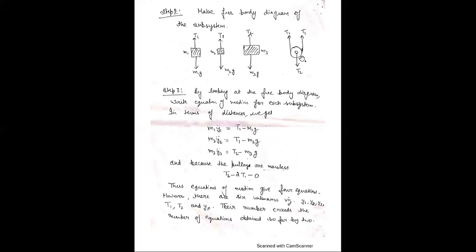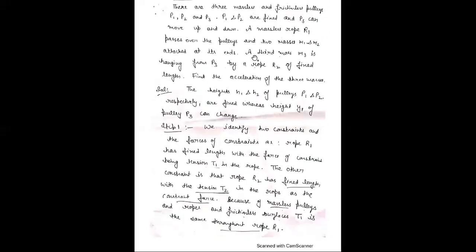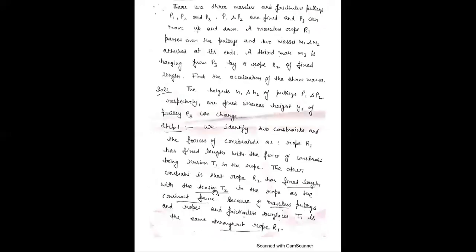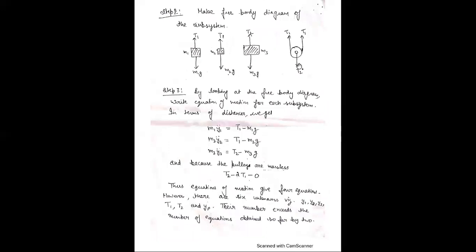And this is for the pulley: T2 due to rope 2, and this pulley, due to this rope and this rope. Therefore, T2 due to the second rope and T1 and T1 due to the first rope R1. Because both are the same, therefore we used here T1 and T1.